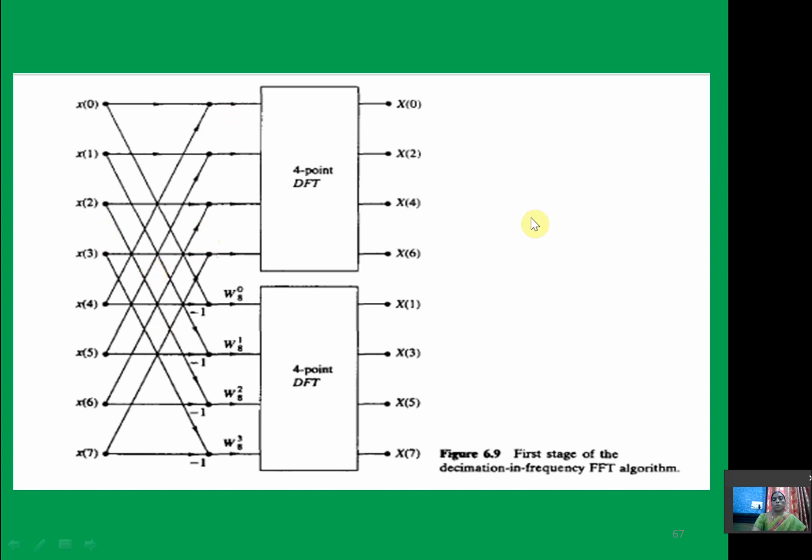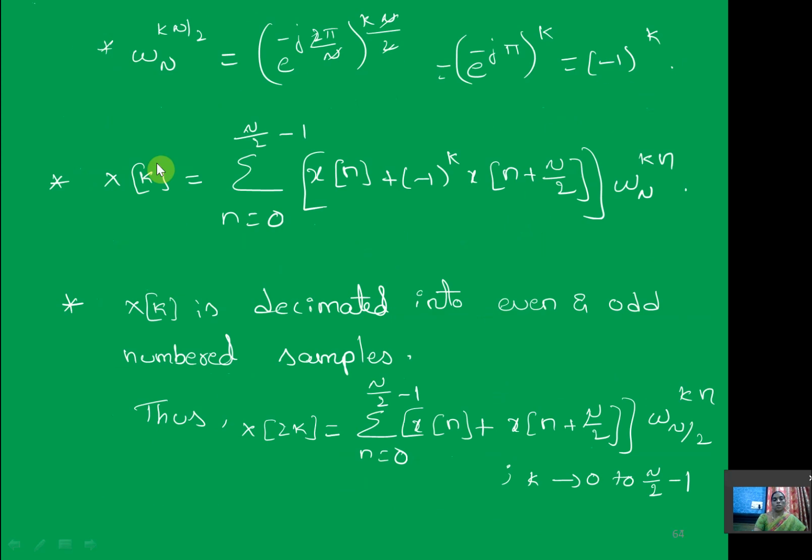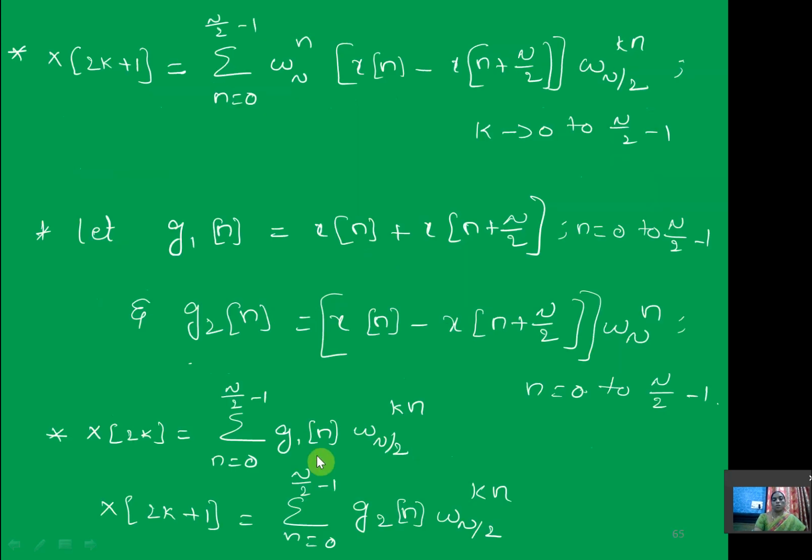To compute X of 2k and X of 2k plus 1, k goes from 0 to 8 by 2 minus 1, that is 4 minus 1, which is 3, so 0 to 3, that means a 4-point DFT.